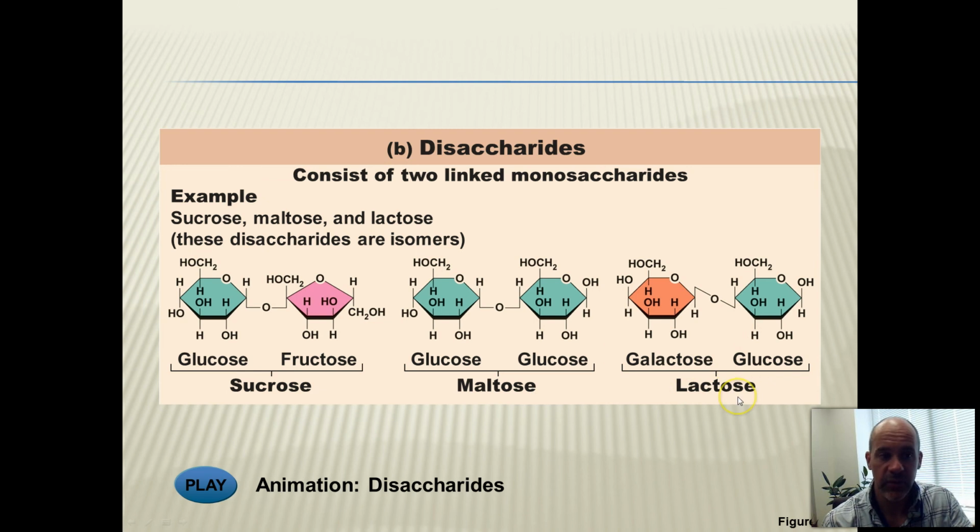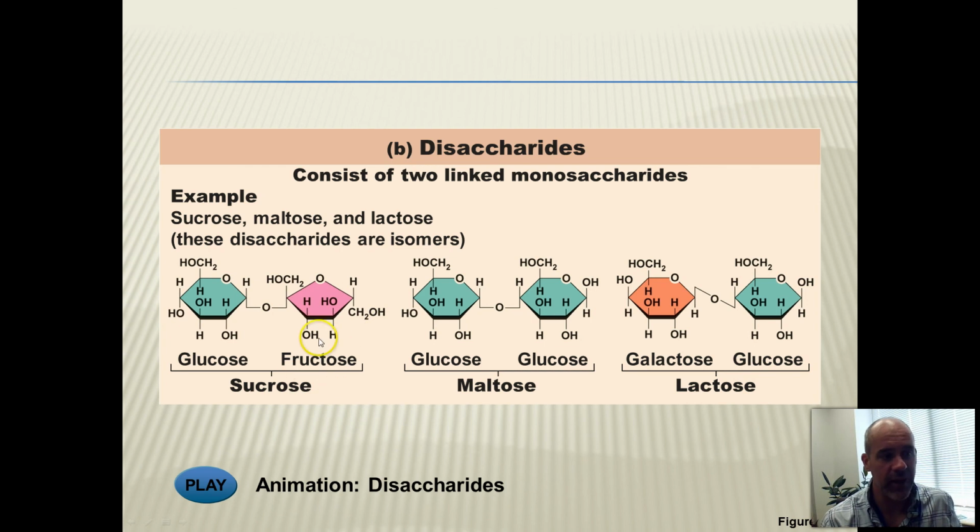And lactose, where have you heard of that before? Lactose is present in a lot of dairy products, and that consists of a galactose sugar bonded to a glucose sugar. All right, and again, which of these sugars you have in these disaccharides makes them completely different molecules with different functions and properties.